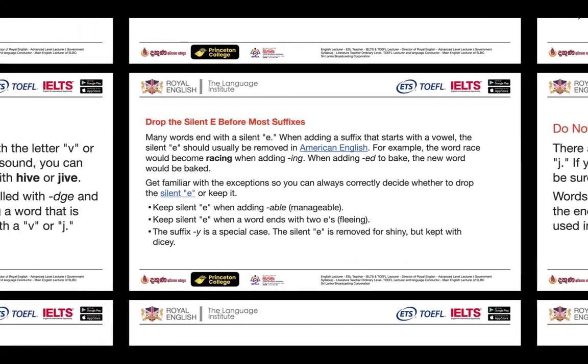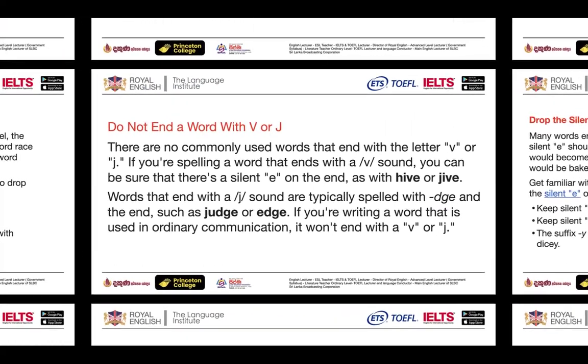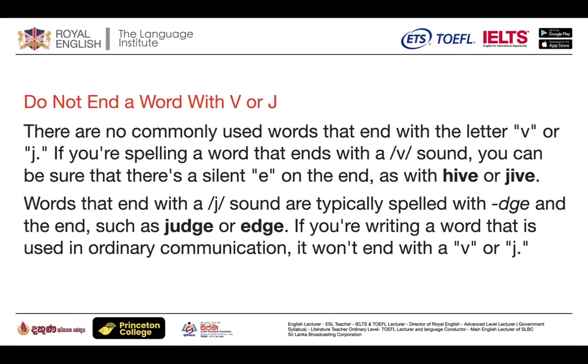Next one, do not end a word with V or J. There are no commonly used words that end with the letter V or J. If you are spelling a word that ends with the V sound, you can be sure that there's a silent E on the end, as in have.